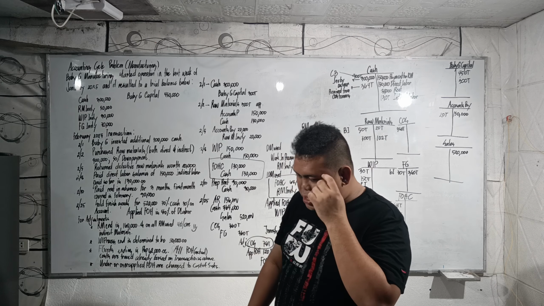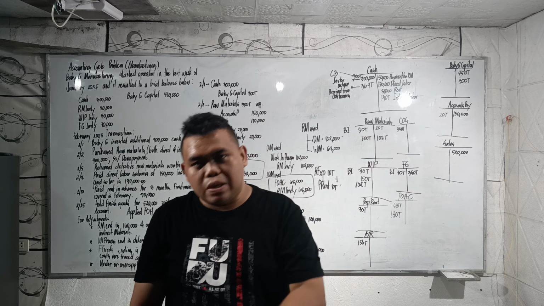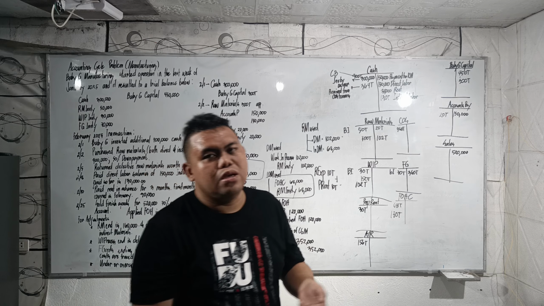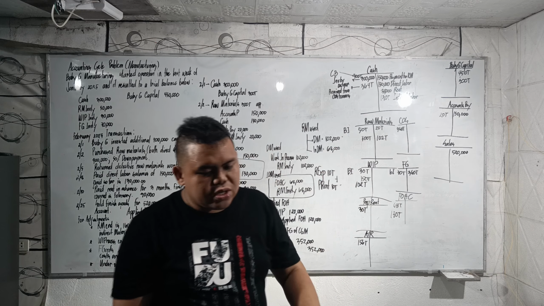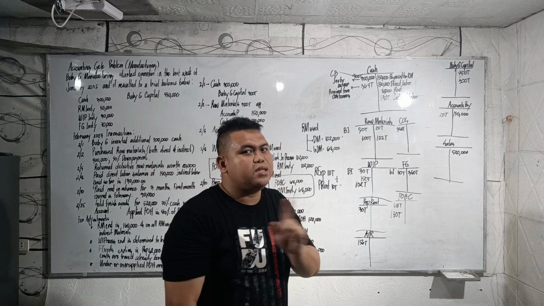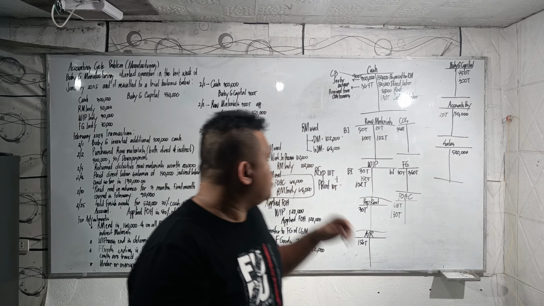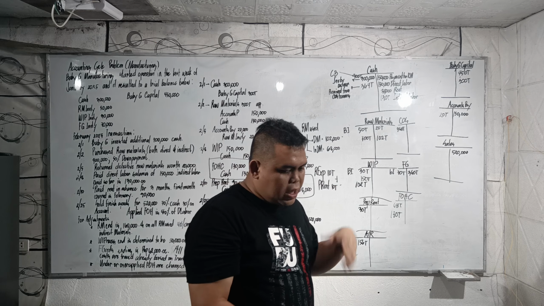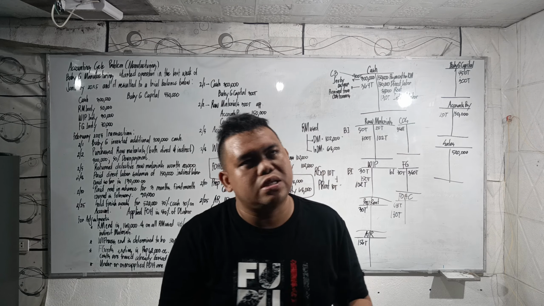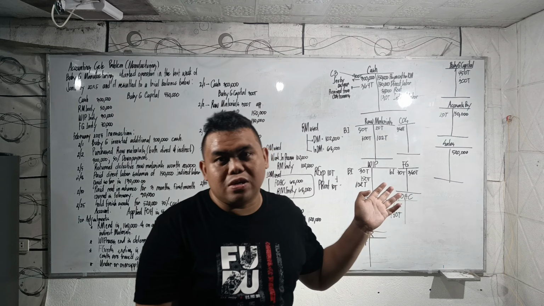So the regular transactions should be put first on the T account so that we can go to step 4, which is to make an unadjusted trial balance. After the unadjusted trial balance, we're going to put the adjustments in order to produce the adjusted trial balance. Let's keep that. Why? Because such steps, including the completion of the worksheet, are actually optional. But we will not skip the worksheet.